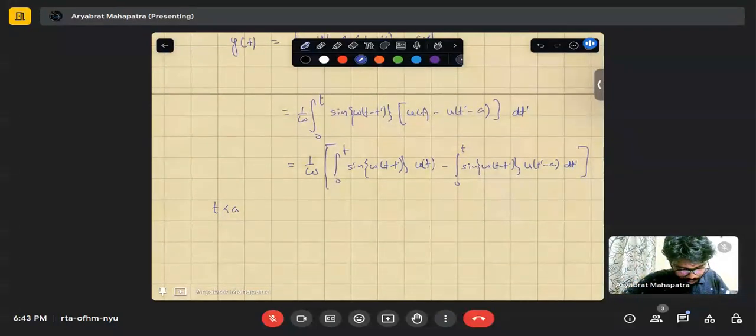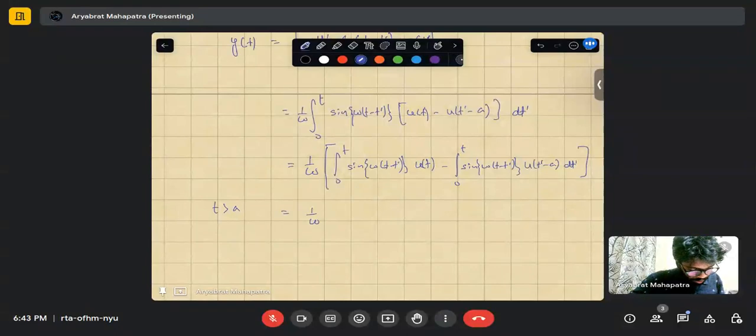So okay, let's take first the case t greater than a. For t greater than a, first you have to split this integral in this form.